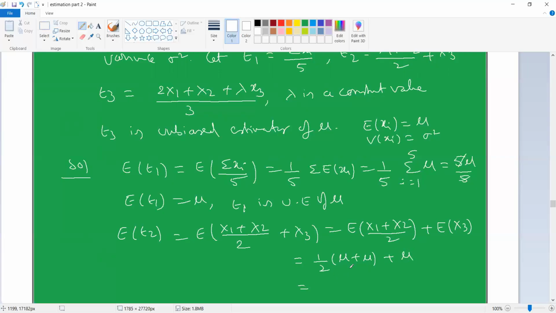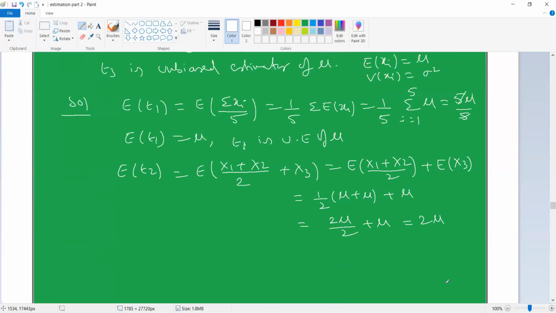Mu plus mu is 2 mu, by 2 plus mu, that is equal to 2 mu. Expectation of T2 is equal to 2 mu, not equal to mu. Therefore, T2 is not an unbiased estimator of mu.